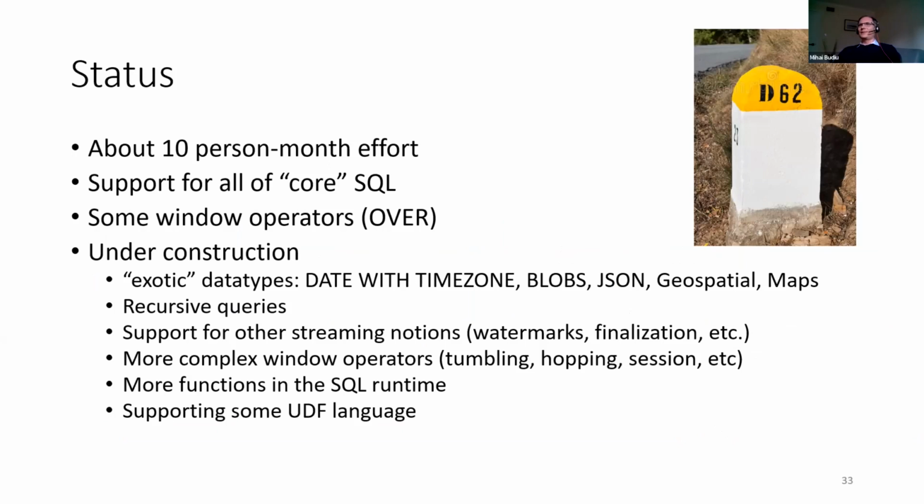Documentation could be a little better, but because it's Java, it's easy to discover, and it's open source. You can, in the end, discover how it works. So we built all of core SQL. We built some window operators, and we're not finished. And we will want to add some streaming operators, but we can actually do a lot already with just pure SQL. As long as you want to do just incremental view maintenance, SQL is all you need.